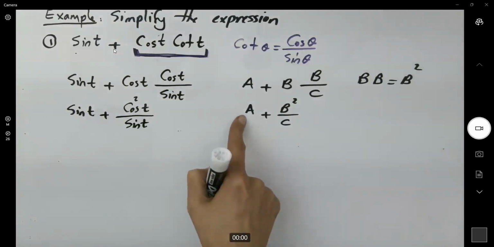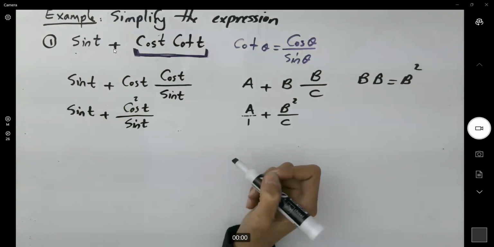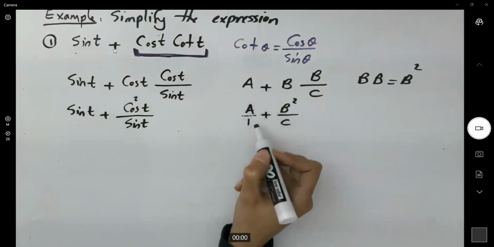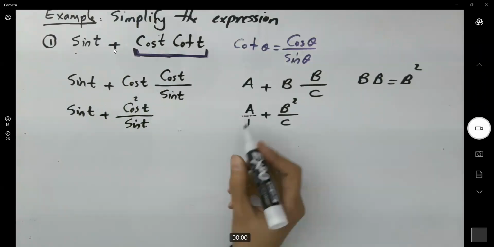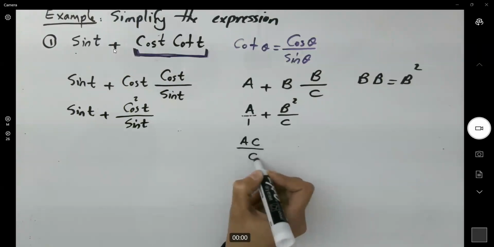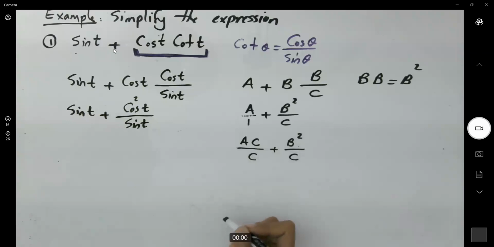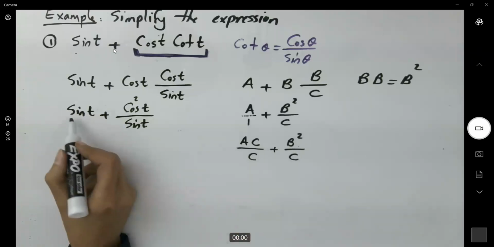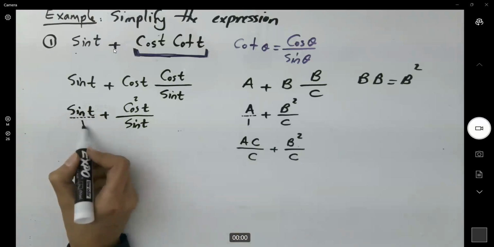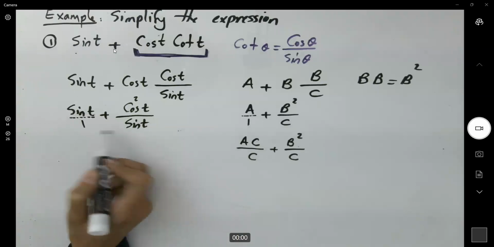I have a, and the denominator is 1, an invisible denominator. What should I do? I need to create the same c on the denominator, so it's going to be ac divided by c plus b squared over c. It's not that hard. The denominator here is 1, so I need the same denominator here and here.